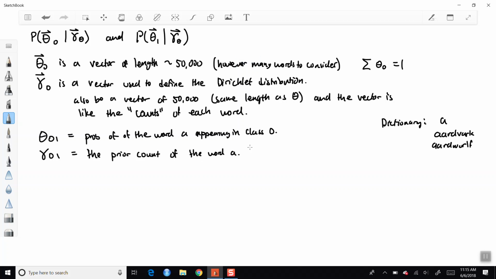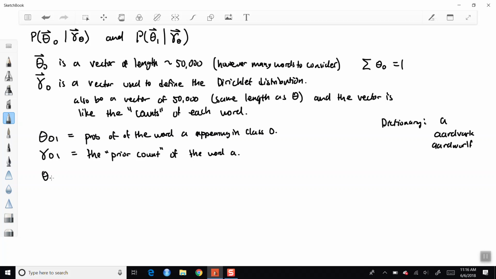So we're creating a prior distribution, our Dirichlet distribution, and it's defined by these prior counts, right? In the beta distribution, you had a prior count like that. So it's quote, quote, the prior count.